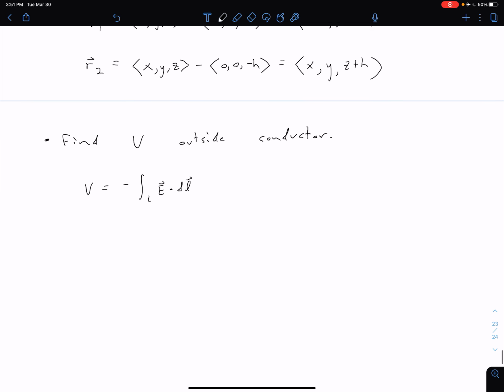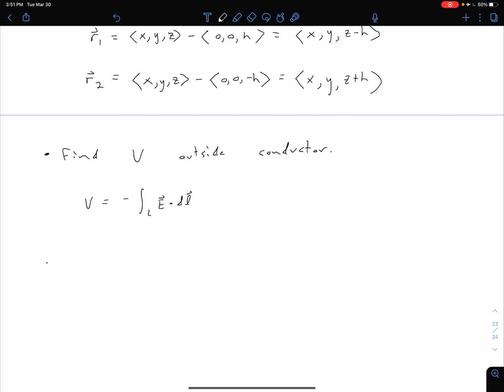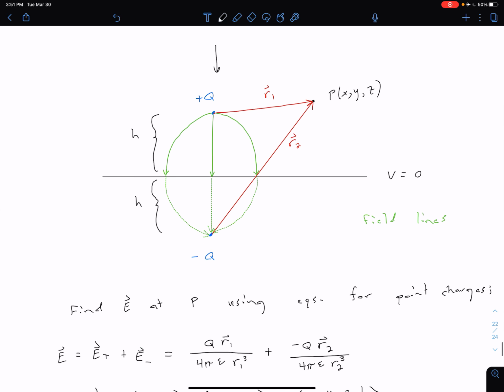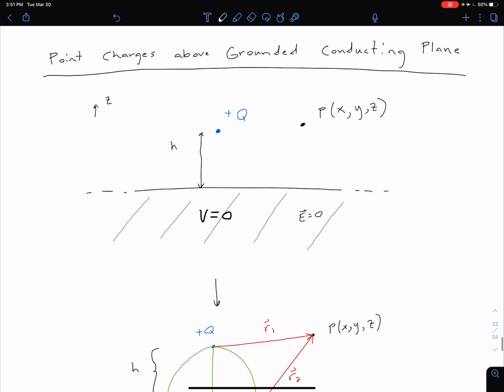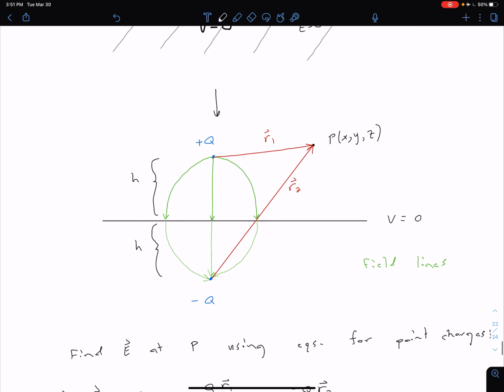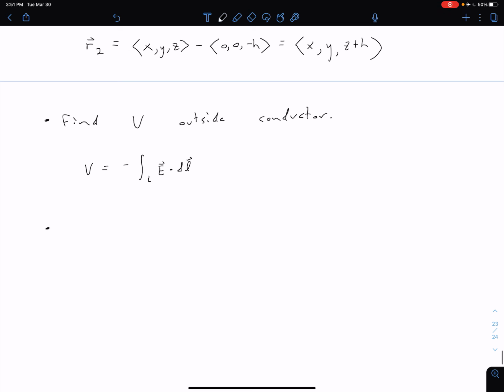Let's say we're also interested in our surface charge density. If we come back to our initial system, how much charge is induced on this conductor surface as that positive Q is approaching the conductor? We can find that value by saying our rho s is equal to D_N.